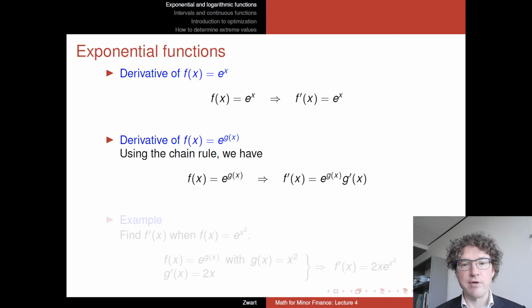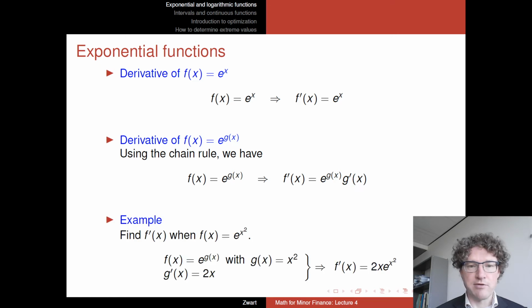So the derivative of e to the power g of x is g prime times e to the power g of x, or you can interchange those freely, of course, e to the g of x times g prime of x. So let's look at a very simple example.